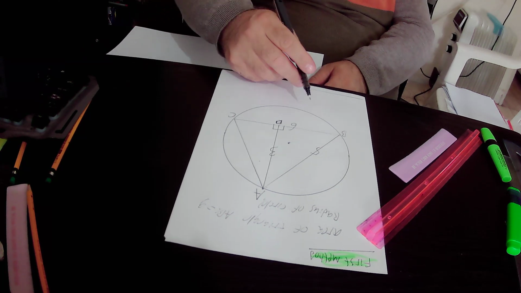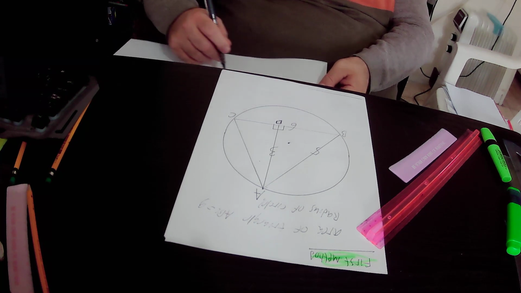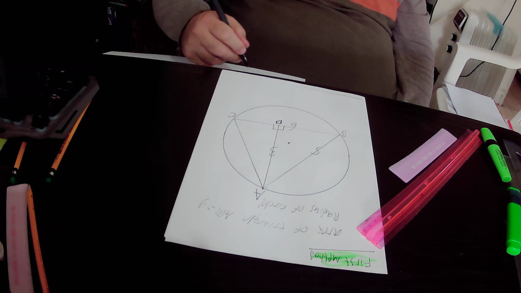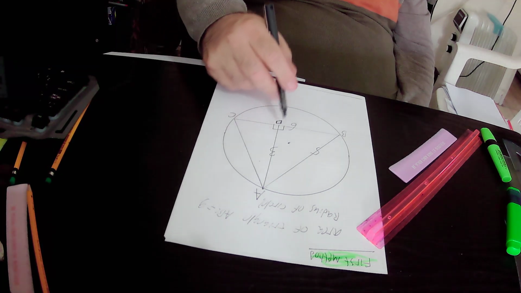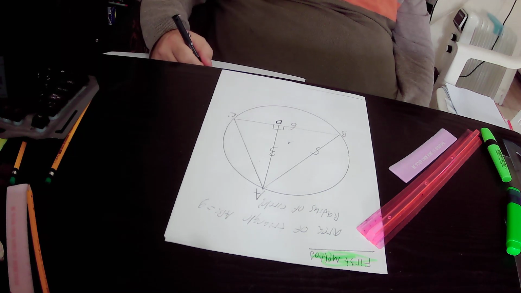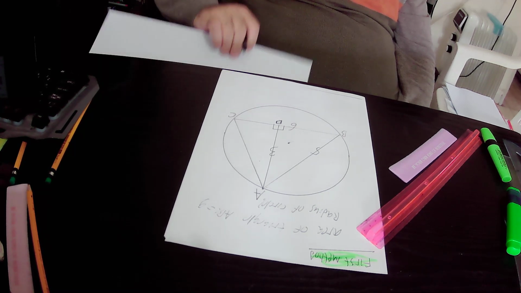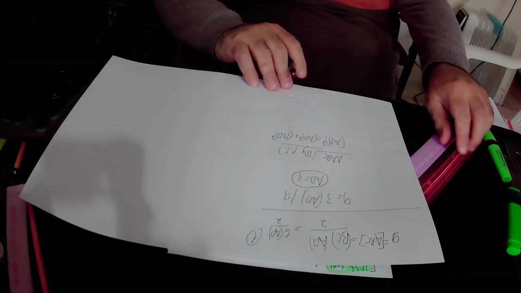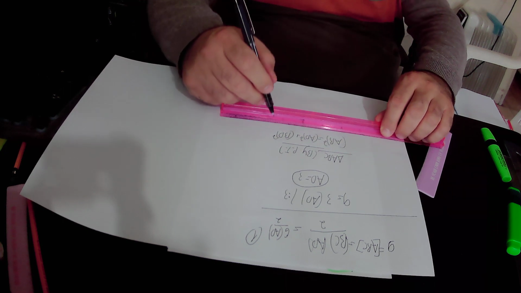That is to say, the square of the hypotenuse, AB square, must be equal to the sum of the squares of the perpendiculars, that is AD square plus BD square.